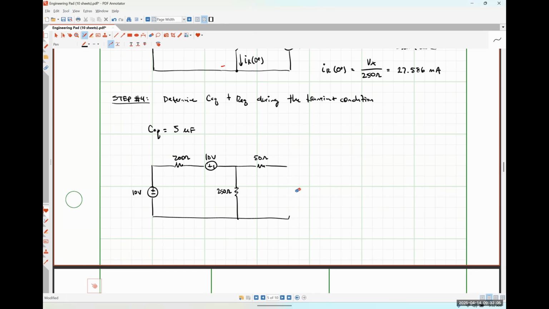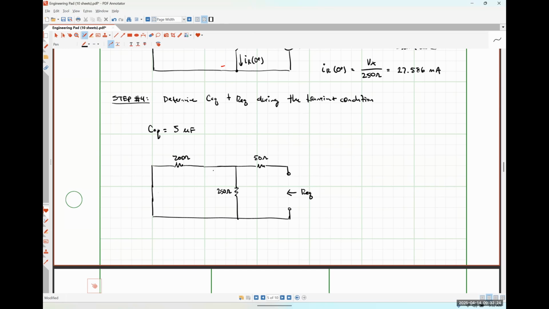So I take the capacitor out and I look in through its terminals. And I need to be looking at a dead network, which means those 10-volt sources turn off. I mean, since they canceled each other out, they effectively turned off anyway, but just to be more formal.